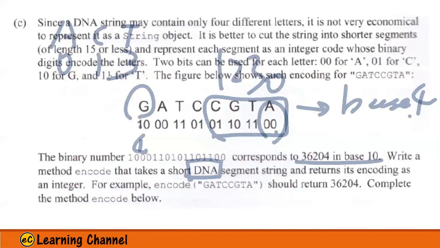Then we have 0 times 4 to the power 2, plus 1 times 4 to the power 1, and then plus 3. We end up with 4 plus 3, which is 7.